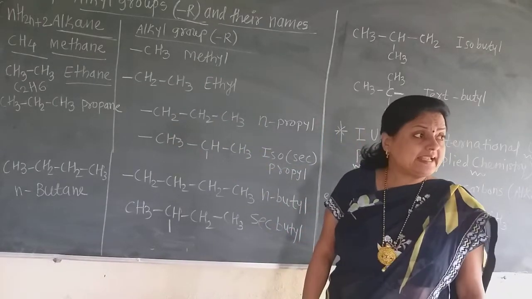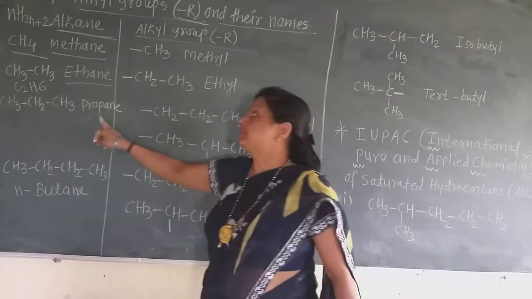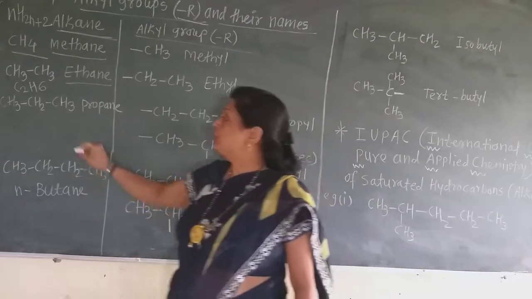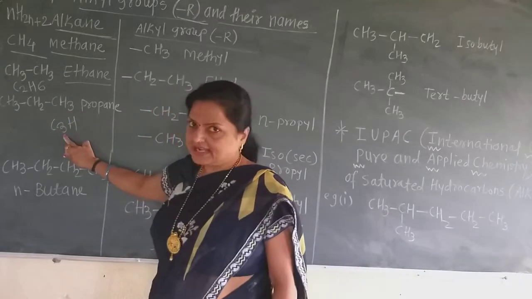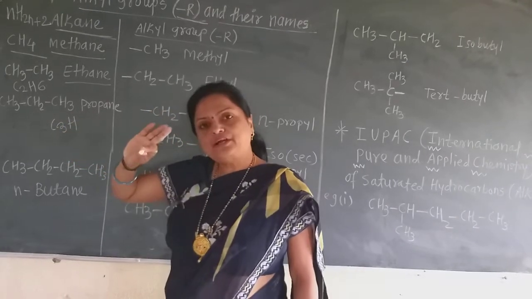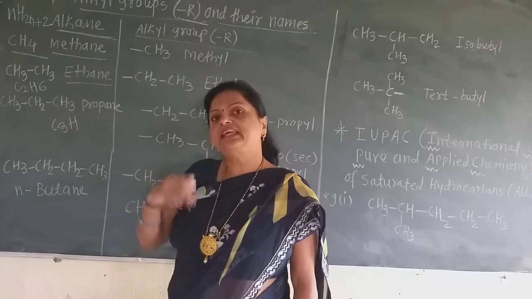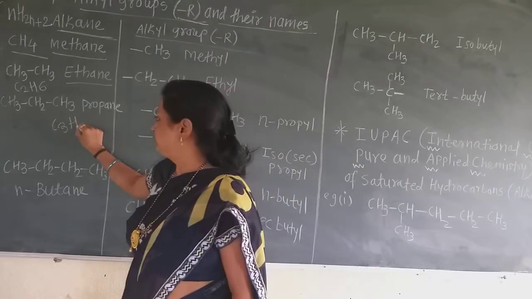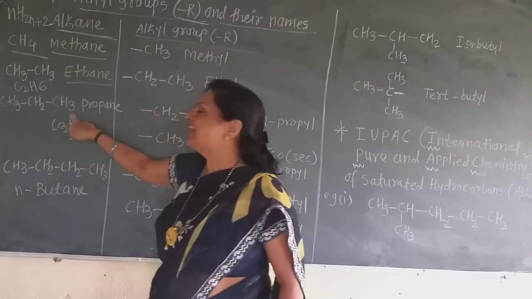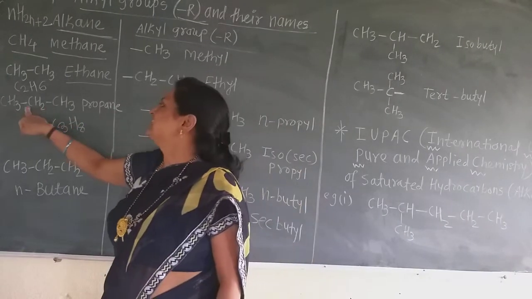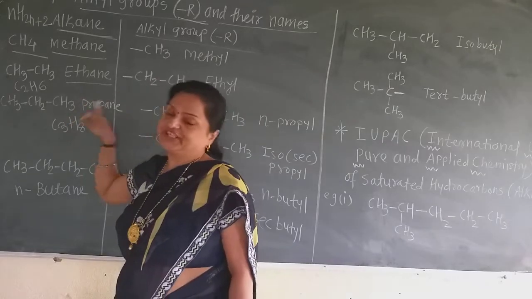Now the third alkane is propane. The molecular formula is C3H8, that is propane. Propane can be written in this way, CH3, CH2, CH3.